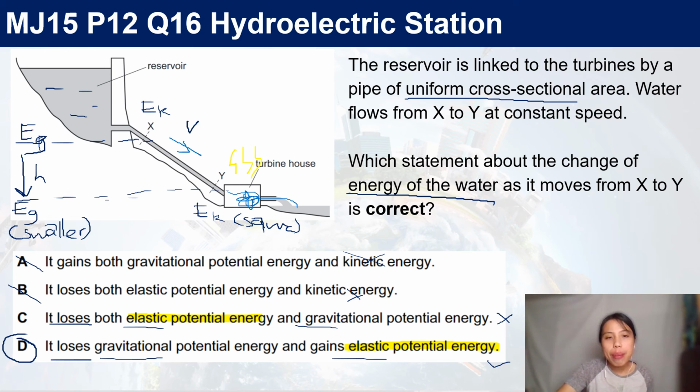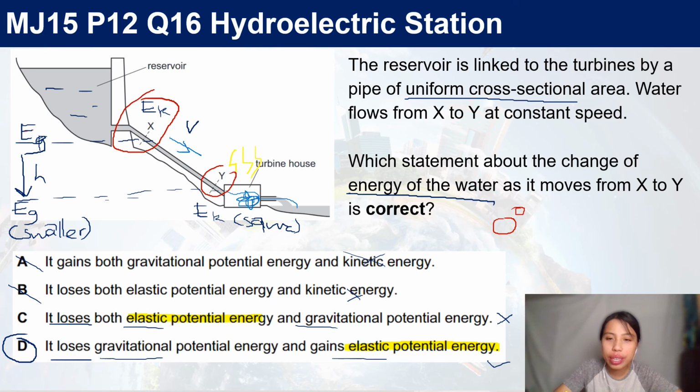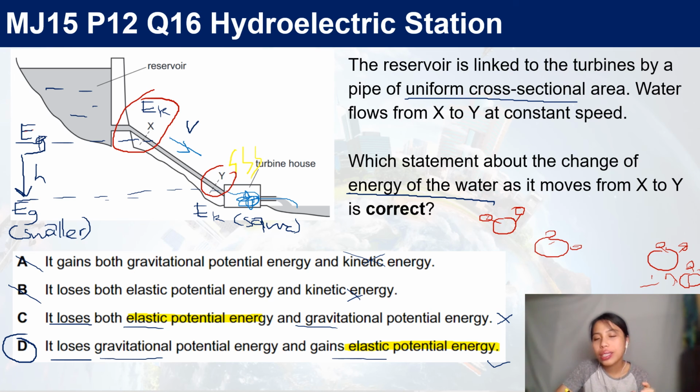Because up at X up here, the water is standard, normal there. But as you go down to Y, the water is more squished together. So imagine, how to say, water molecules, H2O, something like this. They're kind of apart, and then as you go down, they're all pressed together. And they're kind of hitting each other more. There's one term we learned about this thing.